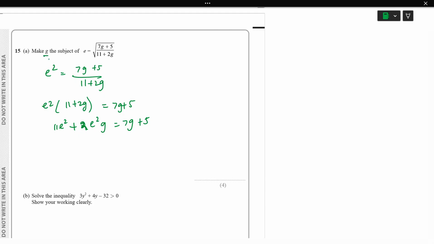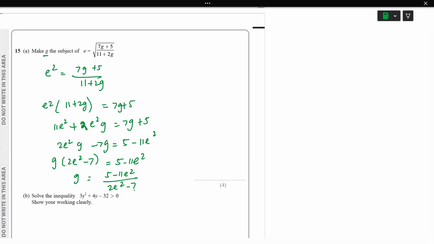I want g as the subject, so I'll bring all the g terms to one side: 2E squared g minus 7g equals 5 minus 11E squared. Taking g out, g into (2E squared minus 7) equals 5 minus 11E squared, so g equals (5 minus 11E squared) by (2E squared minus 7). That's the final answer.